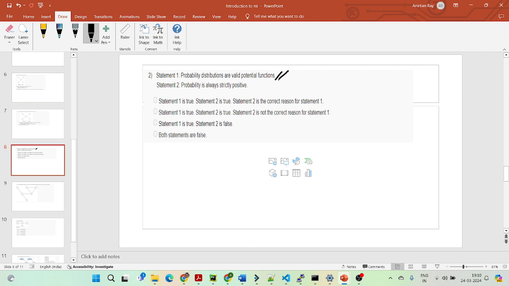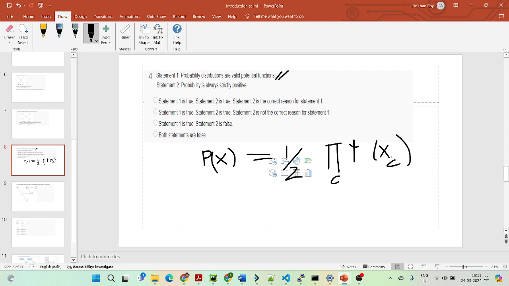The representation is like this: probability of x is given as 1 by Z, some sort of normalization, times the product over C classes of the potential of x at every class.